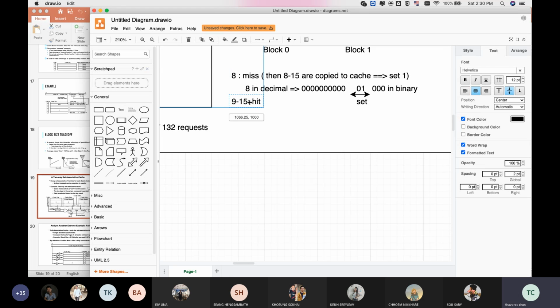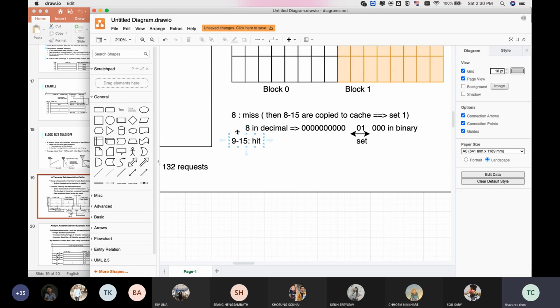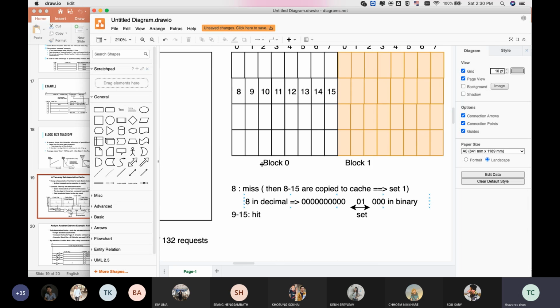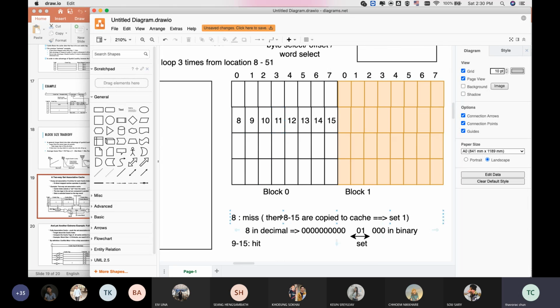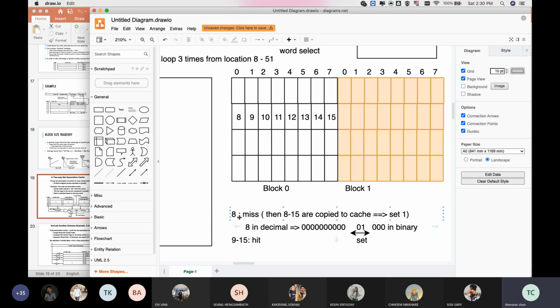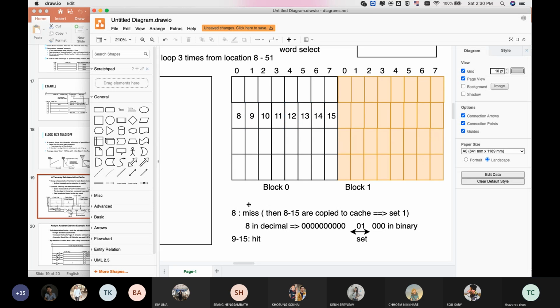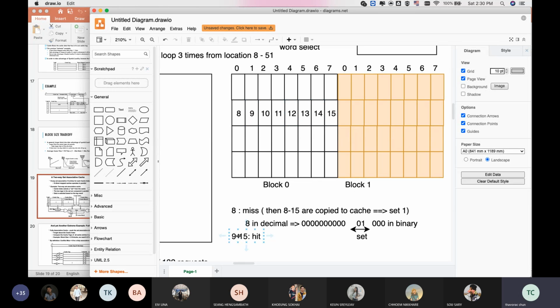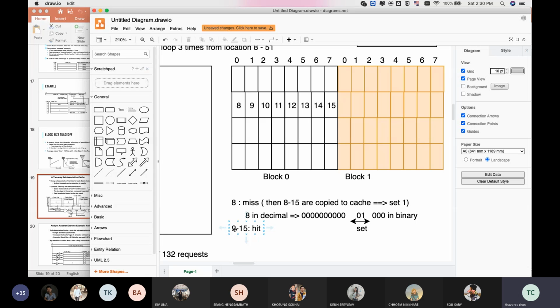Because we already copy the data from address number 8 to 15 in the previous request. Got it? So number 8 is missed, and then we copy it to the set number 1. Then if you make the next request, which is number 9 to number 15, so we are now sure that the data is inside the set here, right?